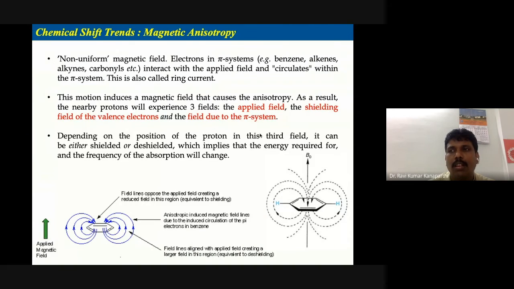What is the electronegativity difference between an sp3 proton and an sp2 proton? If you try to correlate the chemical shift values with the electronegativity concept, they are not actually following it. There is not much electronegativity difference between the sp3 carbon and the sp2 carbon.